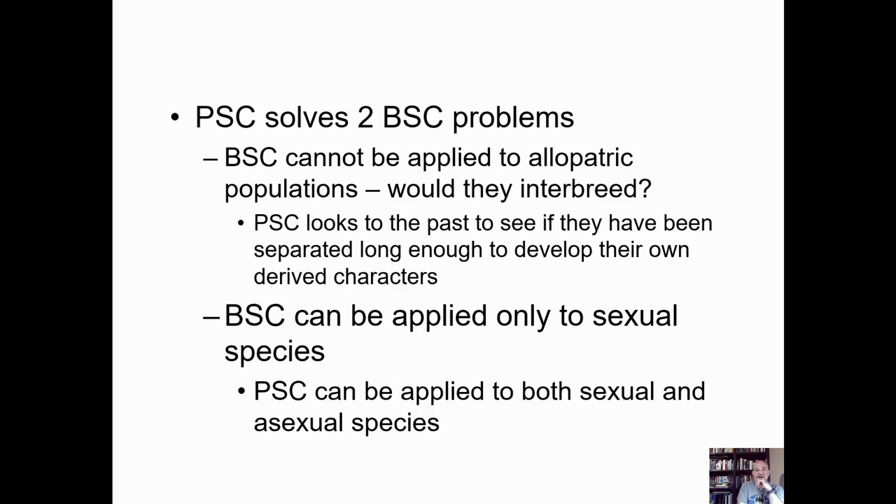Another one is when we have populations that are allopatric, and that means they don't live close enough to each other where interbreeding is possible. There might be a physical barrier like a mountain range or a large lake or something that's separating two populations that in nature would never interbreed because the individuals can't mix with each other overall. If we put them together, could they produce offspring that would be fertile?